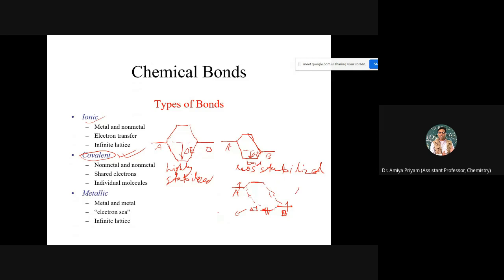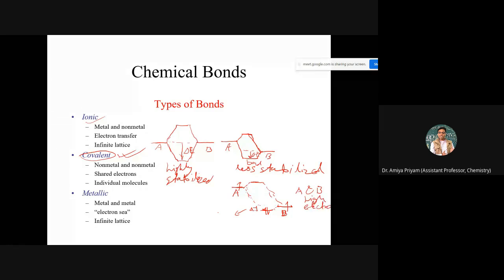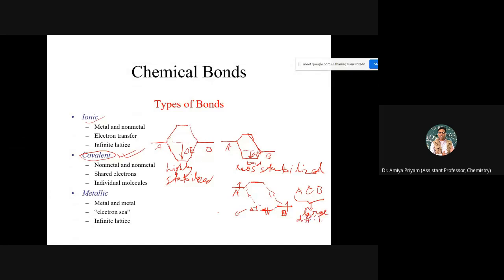When A and B have a high electronegativity difference, the stabilization that you see from this diagram is very, very small, so small that it is almost negligible.